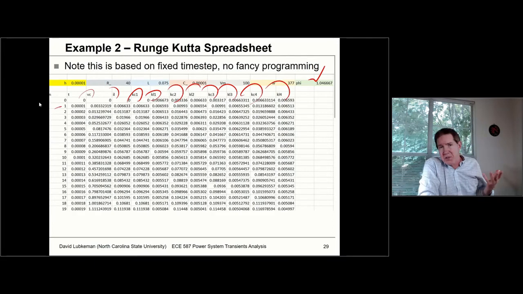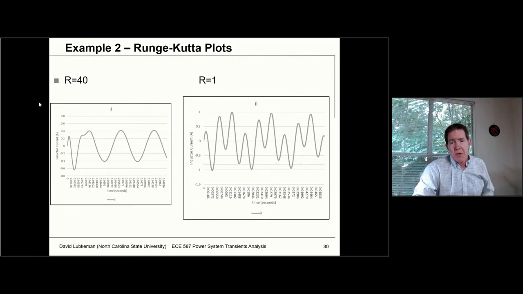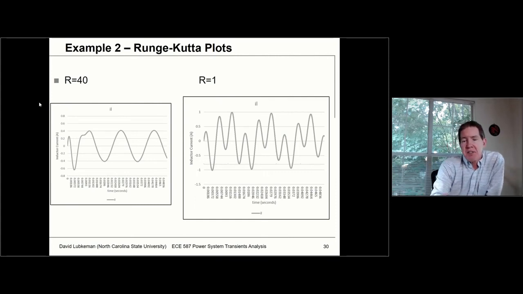So if you're at work somewhere and you don't have access to a Matlab license, you could still do all this in spreadsheets if you needed to. If you look at these plots, they match up with what we got before using ODE45 and also the Euler technique with an extremely small time step.